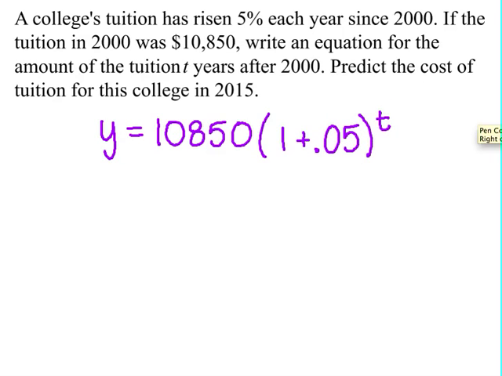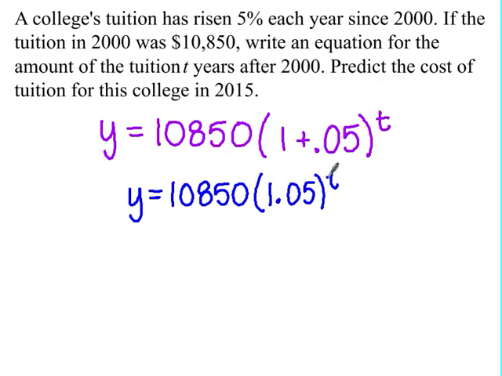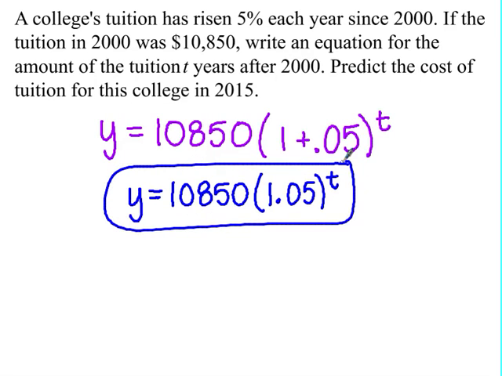Now I'm going to add the 1 plus 0.05, and I get 1.05. First answer is right there. Now the next part says predict the cost of tuition for this college in 2015. So what am I going to do? 2015 minus 2000 is 15.